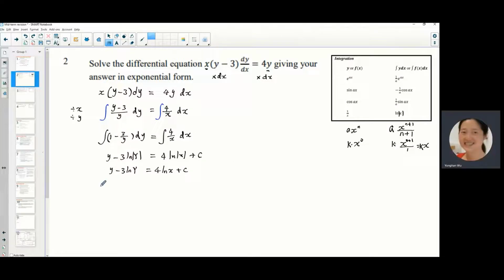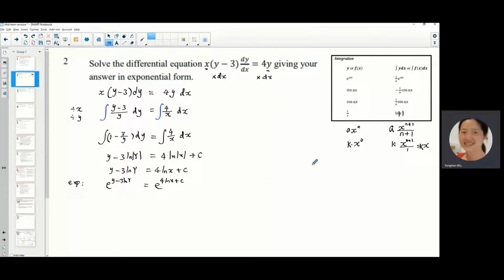In order to get rid of logs, we have to take an exponential. So take exponential on both sides. You will have e to the y minus 3 log of y equals e to the 4 log of x plus c. So just put the equation into the exponent of the exponential function.